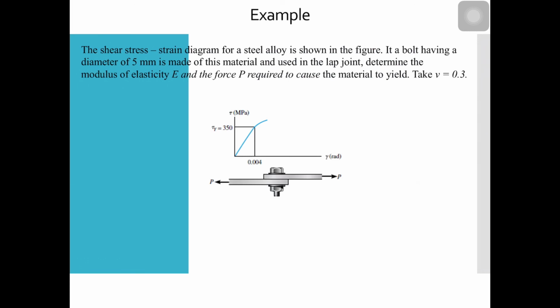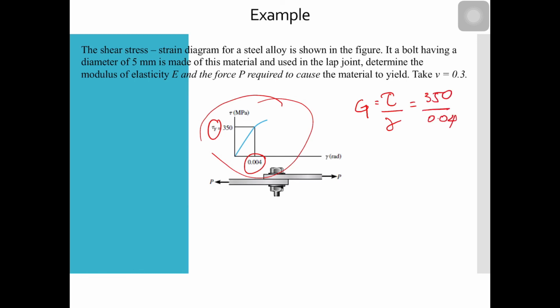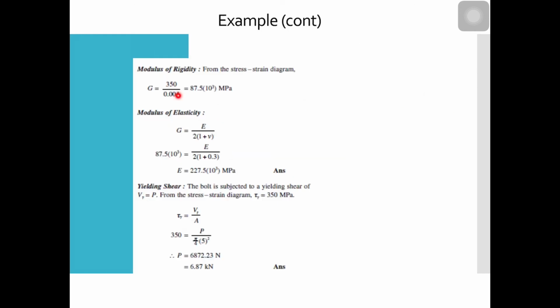Take V as 0.3. Here we have the stress strain diagram, with tau and gamma, so you should get the value of G. G is tau over gamma, which is 350 over 0.004, the slope for this one. You get this value, 87.5 times 10 to the power of 3 megapascal.